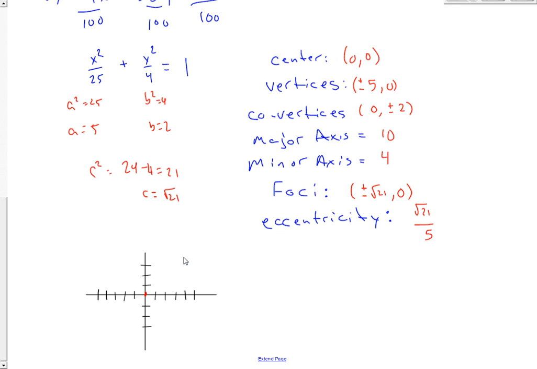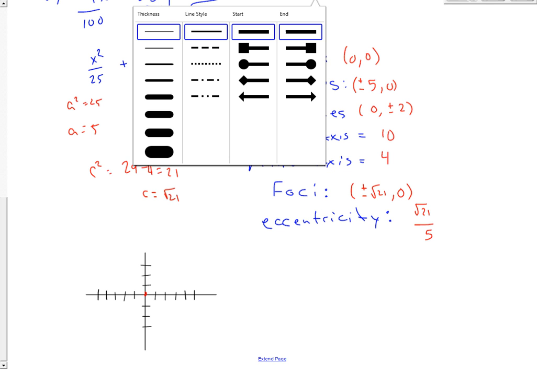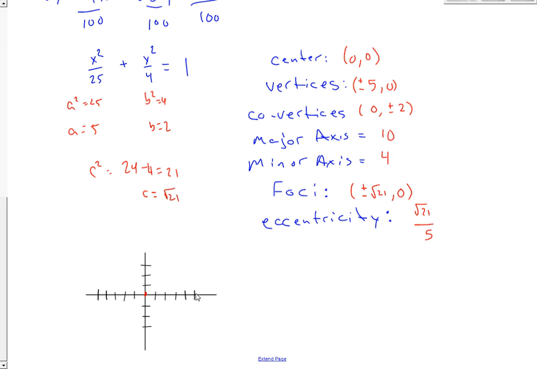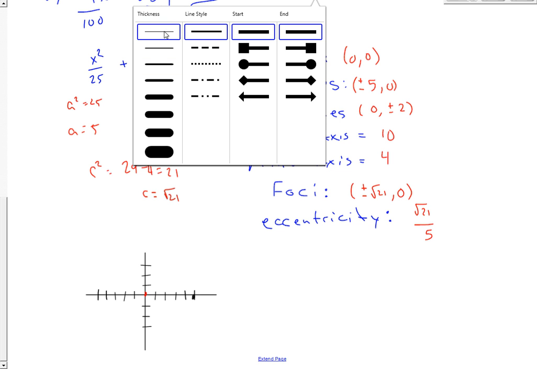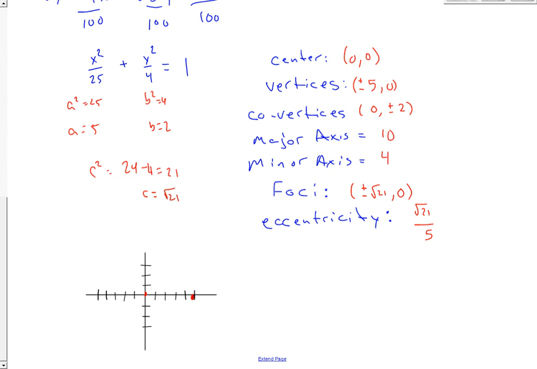All right, so my vertices are 5, 0 and negative 5, 0. My co-vertices are 0, 2, and 0, negative 2. And that's all I need to be able to graph. So here's my ellipse. And it's horizontal, as it should be.